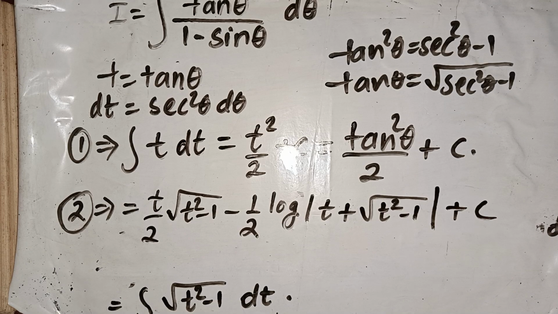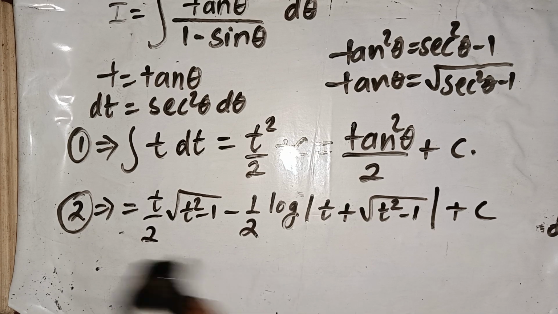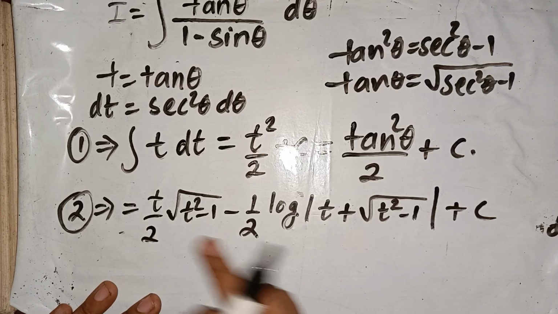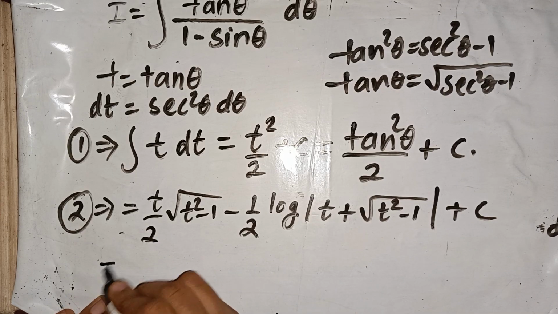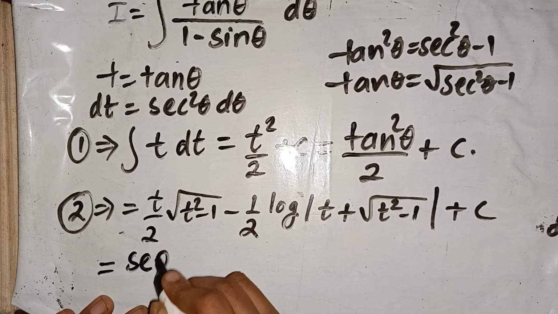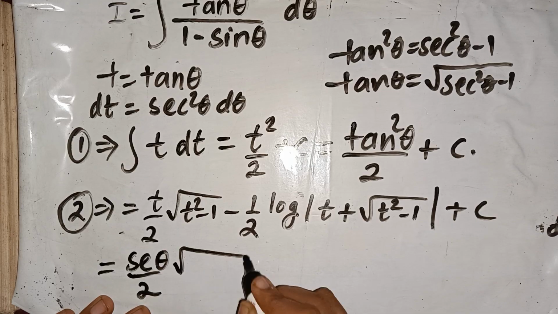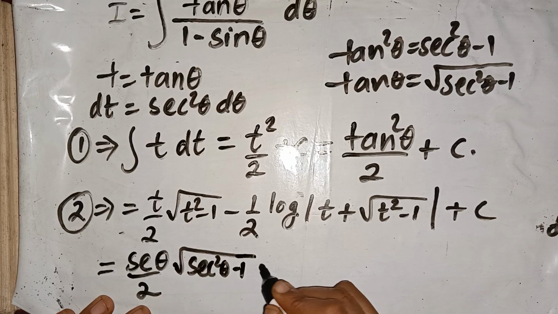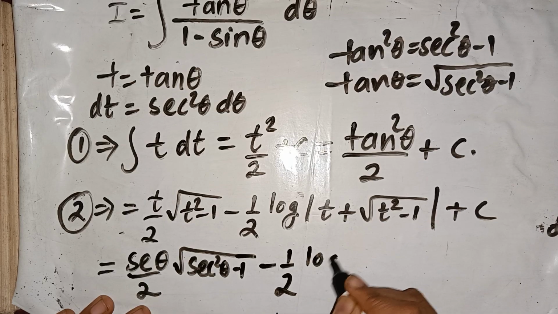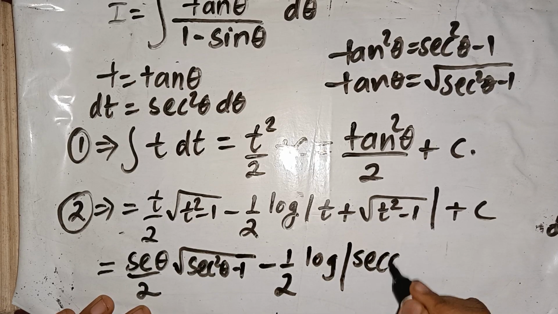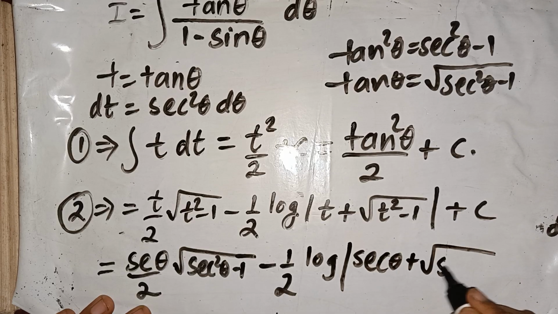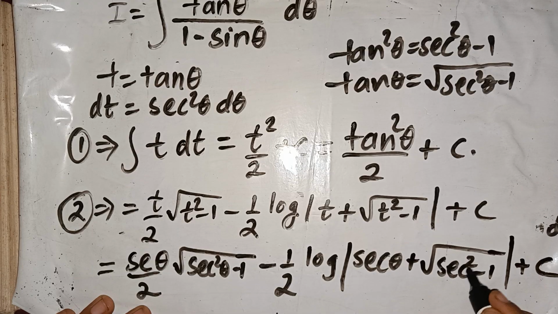Okay, our t was sec theta, so everywhere t is there, we write sec theta. Sec theta by 2 root of sec square theta minus 1 minus half log sec theta plus root of sec square theta minus 1 plus c.